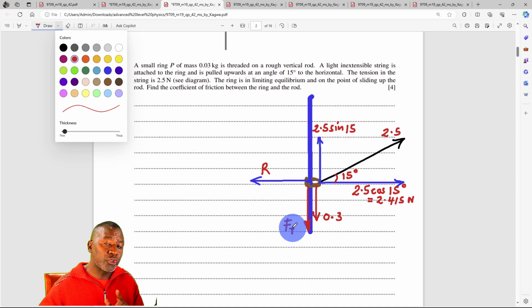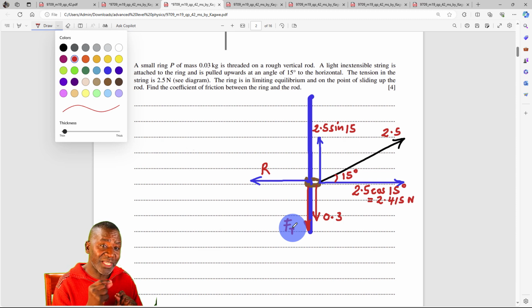And with that, at this point, I'm able to get R, and at this point, I'm able to get friction force. Remember, the equation I want to use here is friction force is equal to mu R. That is why I should know the direction in which my calculations are moving. By the way, when you do many examples, you solve many of these past paper questions, you get to know the direction in which a given calculation should be moving. It's not just a matter of writing down figures on the question paper and hoping to get marks.